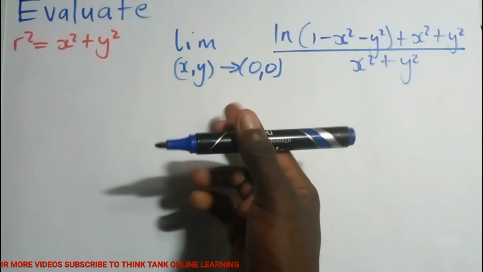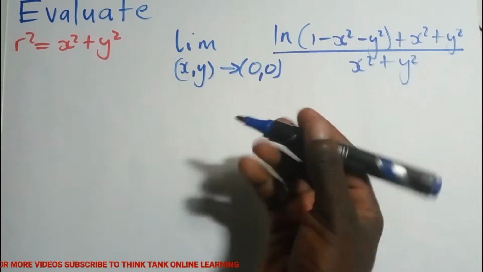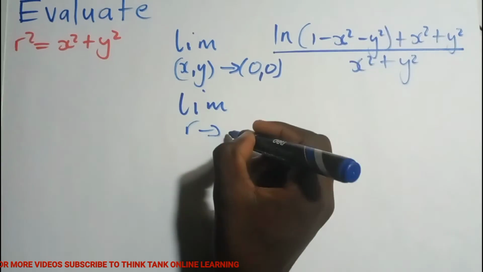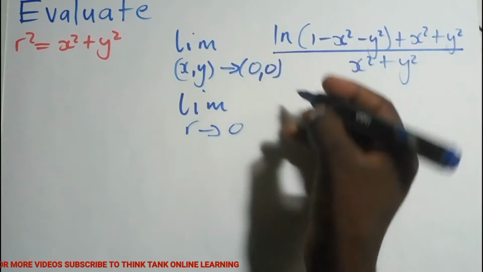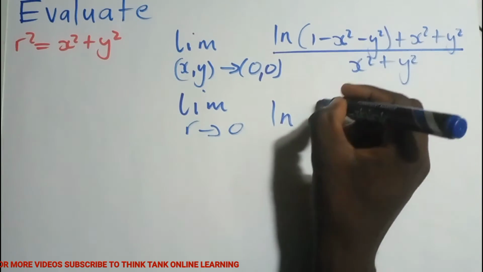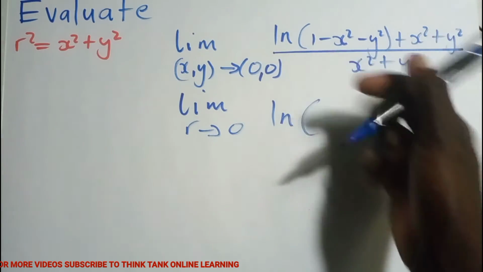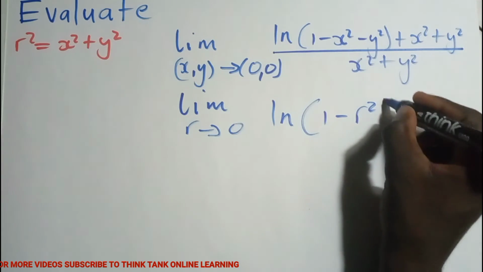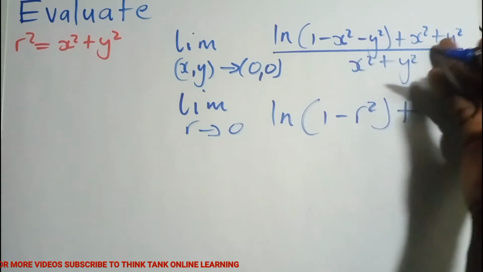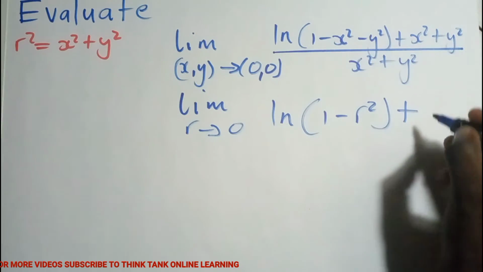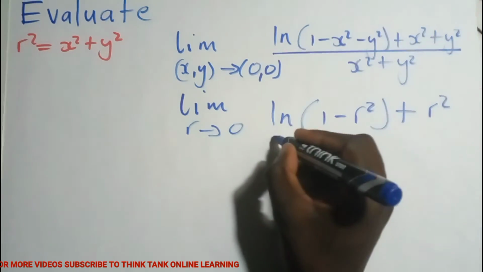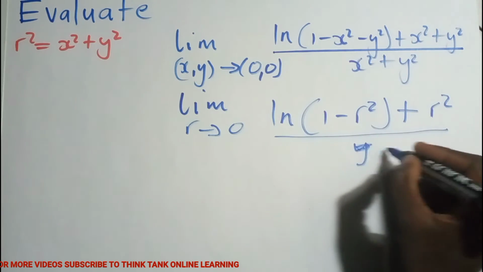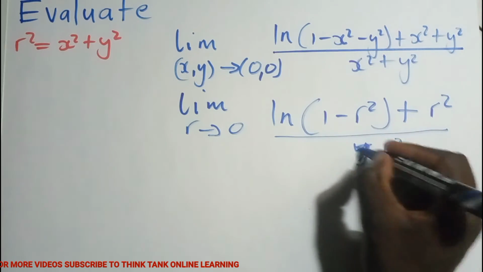You should write the limit as r approaches 0. It's going to be ln, and if we factorize, we're left with 1 minus r squared, plus x squared plus y squared, which is r squared, over x squared plus y squared, which is r squared.